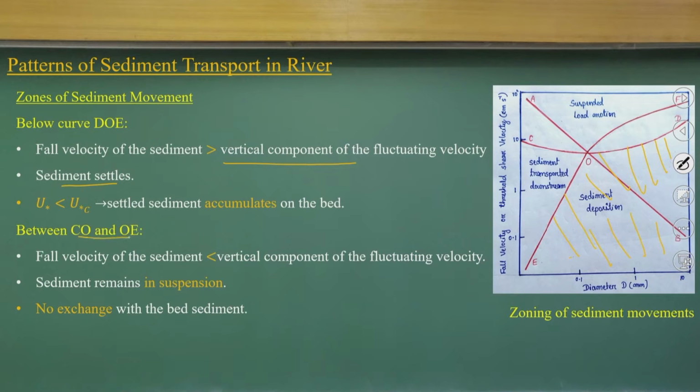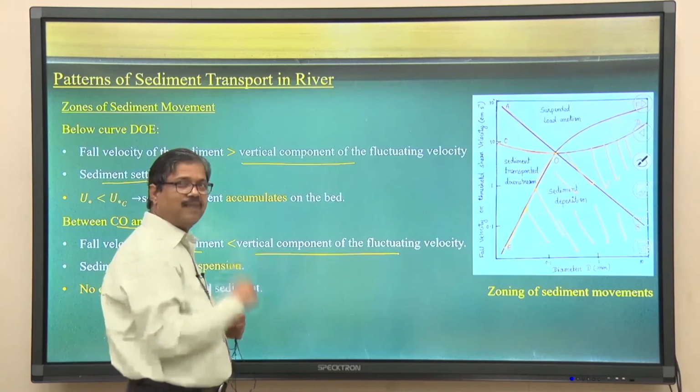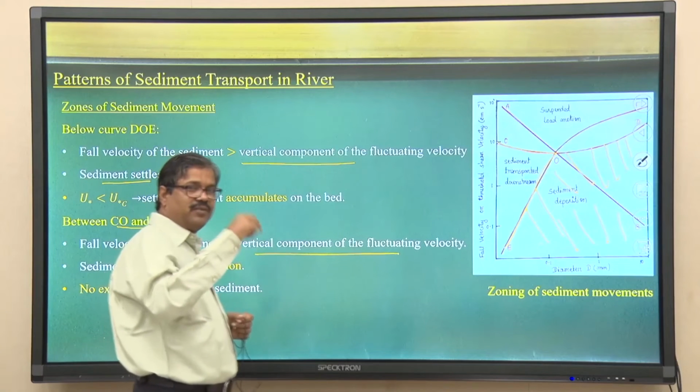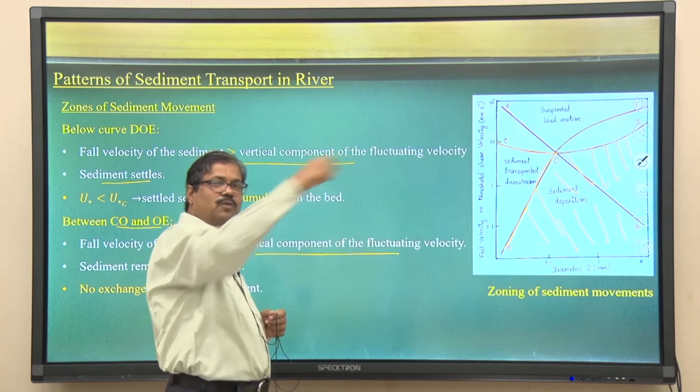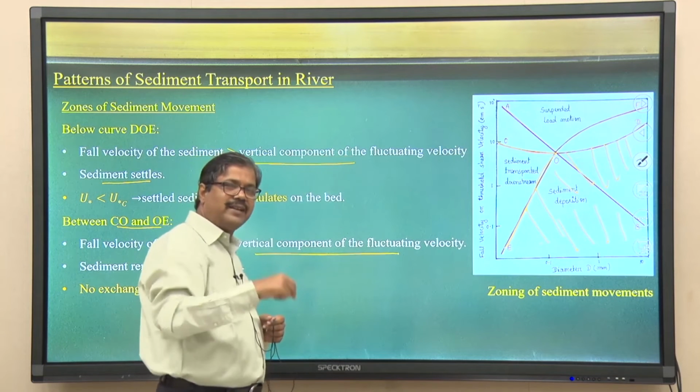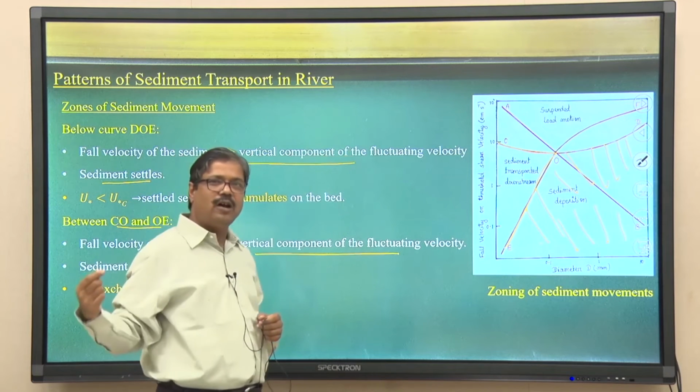Now the region between CO and OE. What actually happens in this region is that the fall velocity is lesser than the vertical component of the fluctuating velocity. Because of that, sediment particles transported from upstream do not settle there, they are transported onward.